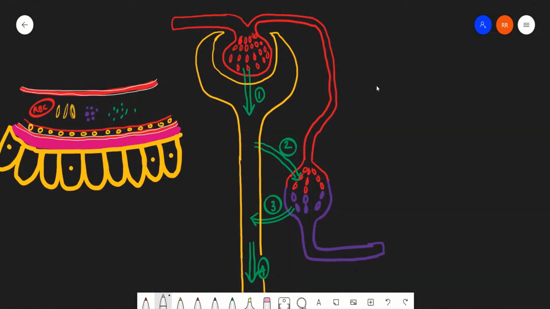nephron. So the first part, if you see, this is your glomerular capillaries. This part is known as your glomerular capillaries, and then this part is known as your Bowman's capsule.